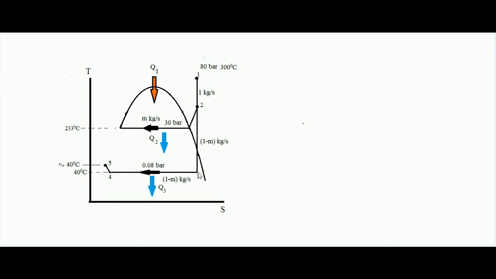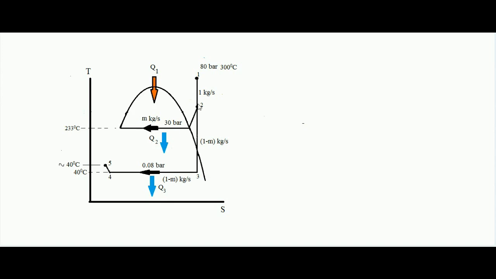In this condenser, the second one, the first one is this and the second one is this, the amount of heat rejected would be associated with 1 minus m kg per second of steam. So ultimately at point 4 this steam becomes water and it is taken by the pump, and this liquid water exits the pump at point 5.